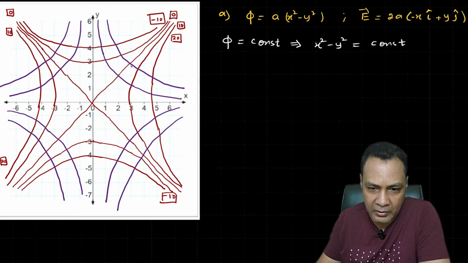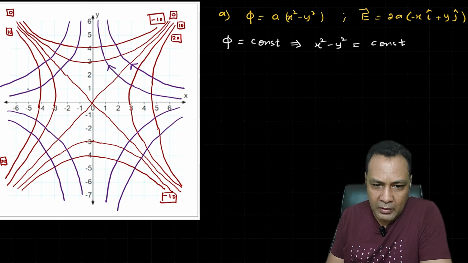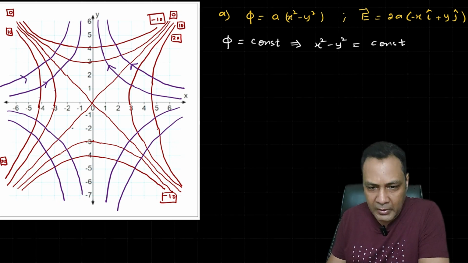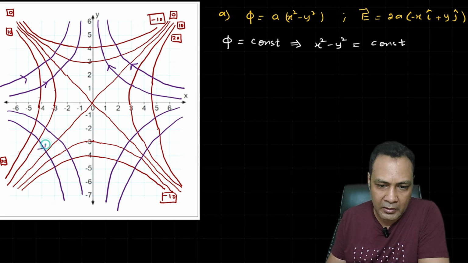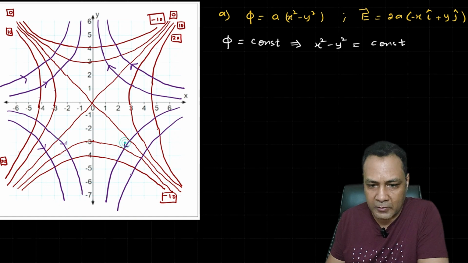So here the electric field line would be like that, here also. Here this is a 20 volt potential, 10, 0, minus 10, minus 20. So the line of electric field would be like that here also. The same logic I can apply here. So this is 20, 10, 0, minus 10, minus 20. So the lines would be here like that, and the same would be like that.